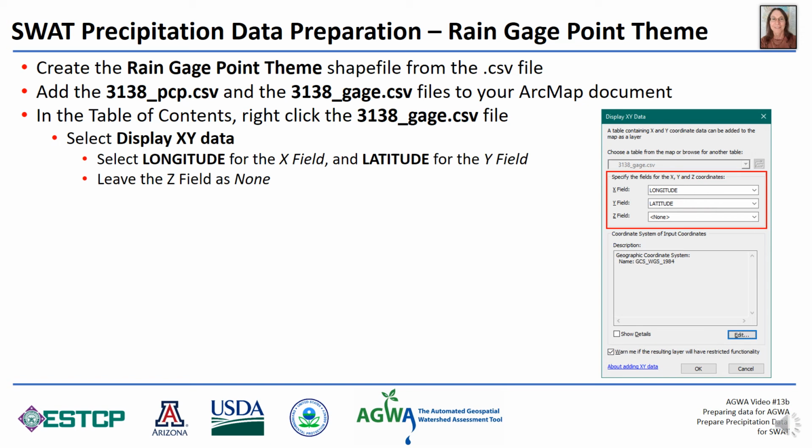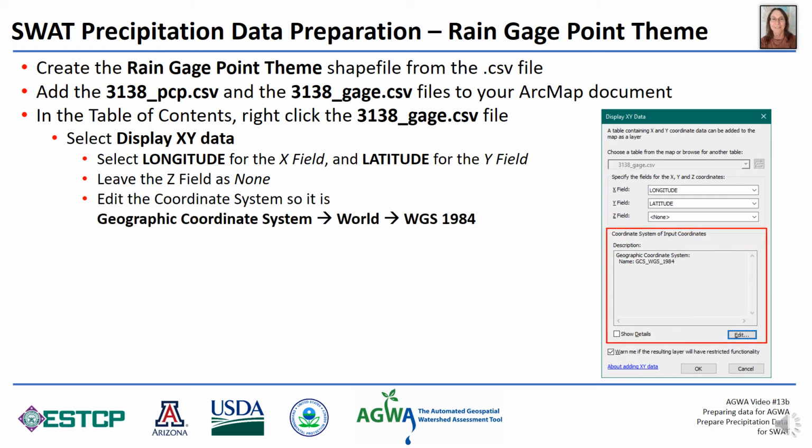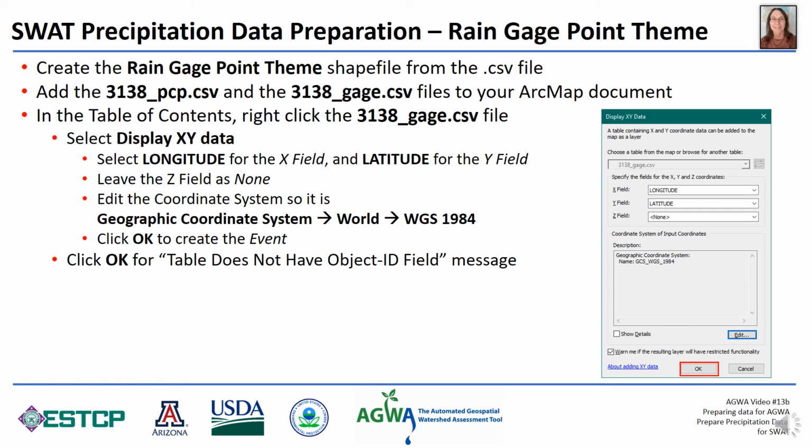Select longitude for the X field and latitude for the Y field. Leave the Z field as none. Edit the coordinate system so it is Geographic Coordinate System World WGS 1984. Click OK to create the event. Click OK when the table does not have Object ID field message appears.